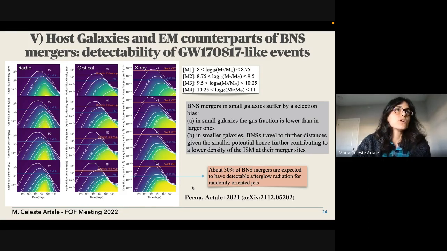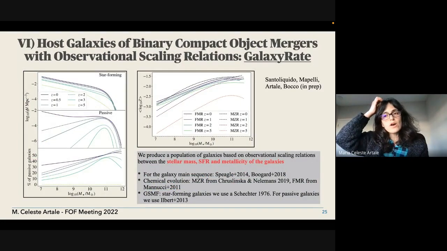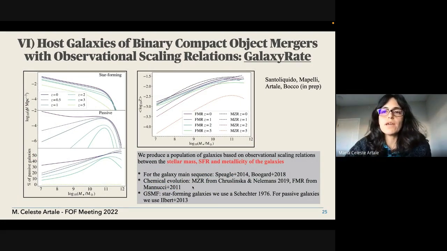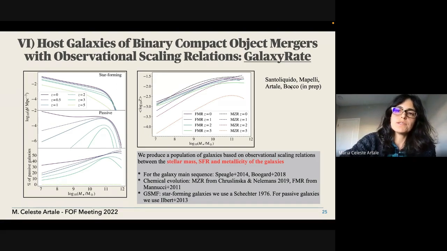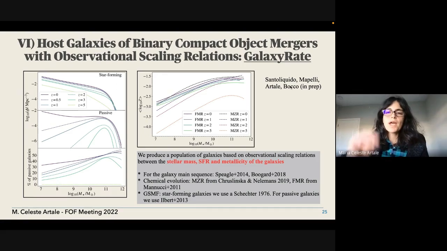In the last slides, I would like to mention ongoing work led by Filippo Santoliquido, a PhD student in Padova. The big problem with the approach I use, combining hydrodynamical cosmological simulations of the galaxy catalog with population synthesis codes, is that we need a lot of computational time.